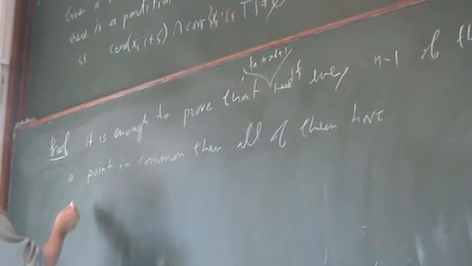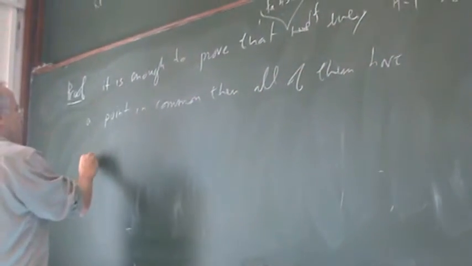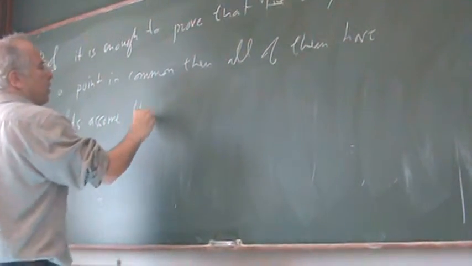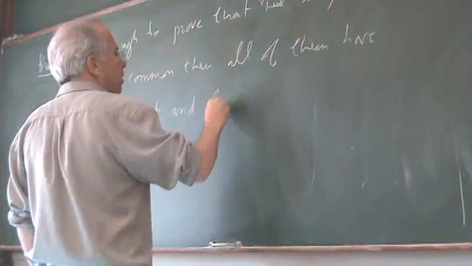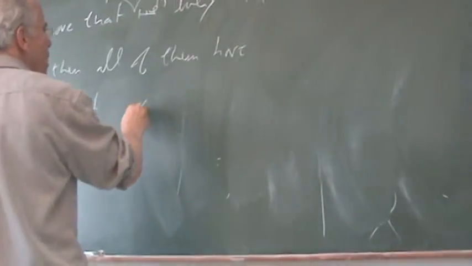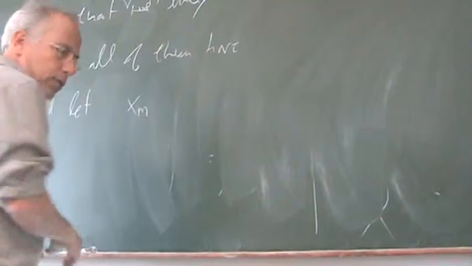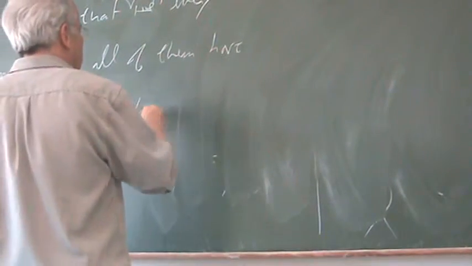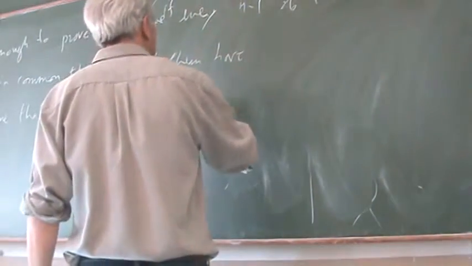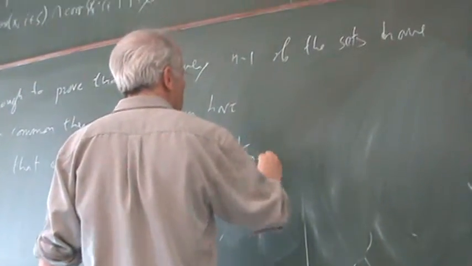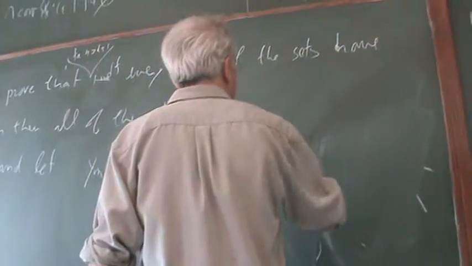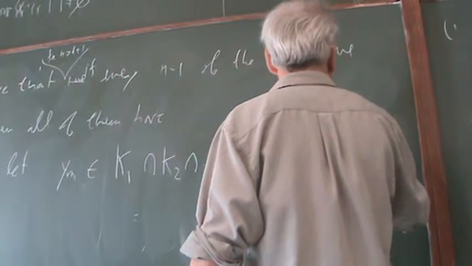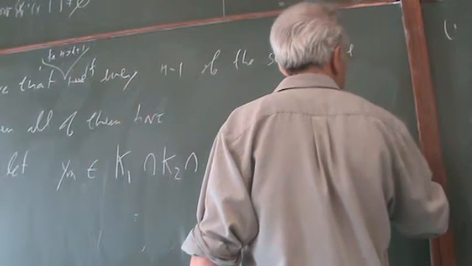And now let's assume that ym, let's call it ym, is a point which belongs to K1 intersect K2 intersect, Km omitted, intersect Km plus 1 intersect Kn.